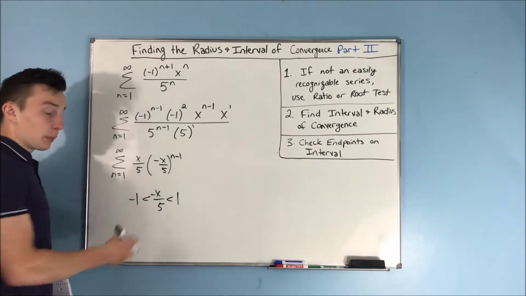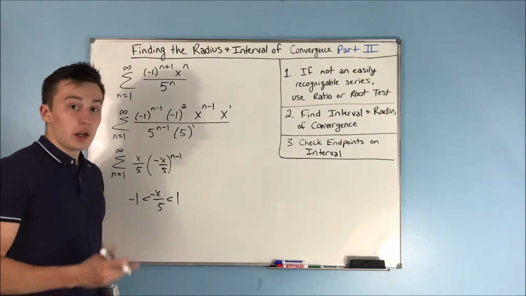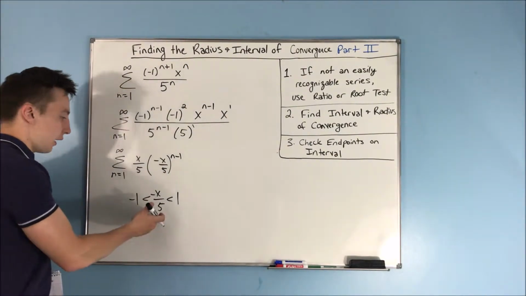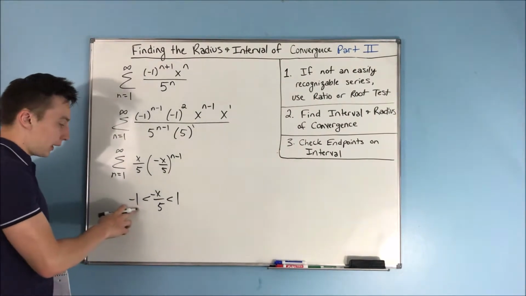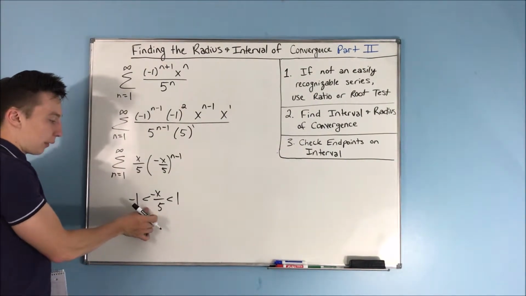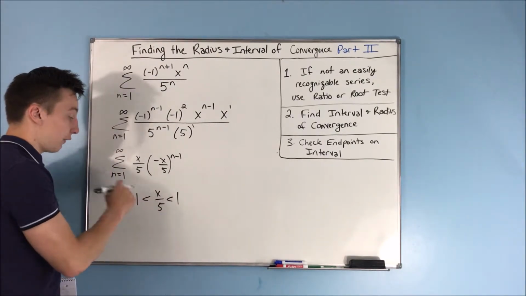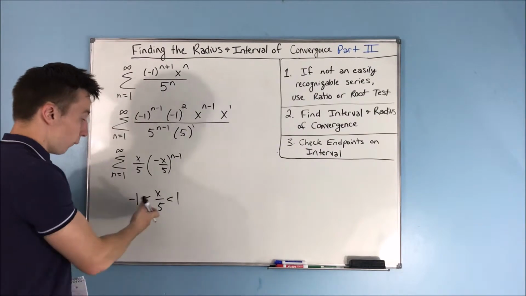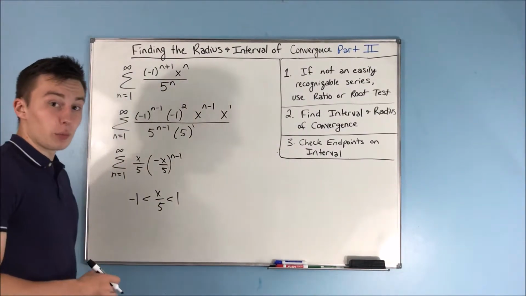Now you can multiply by -1 for each term right here, but then you just get the same exact thing, because you're multiplying by -1 so this becomes a 1, and then you flip the sign, and you get exactly what you have already. You can try that on your own if you don't believe me. But that's the same thing as saying x over 5 is in between -1 and 1.